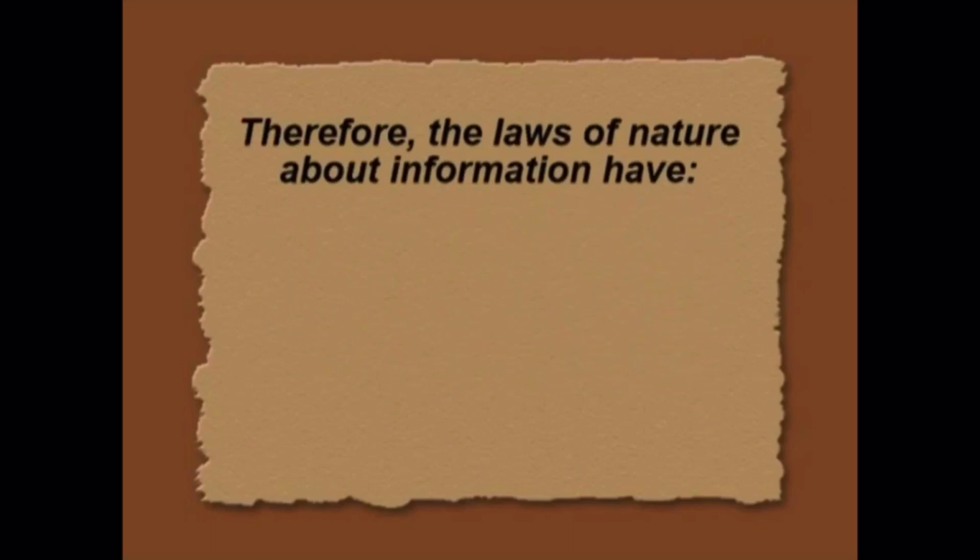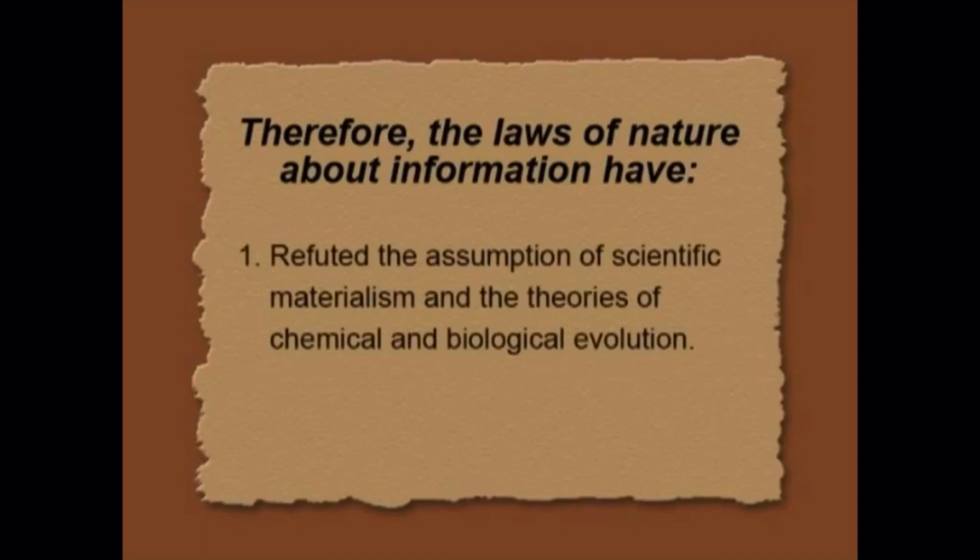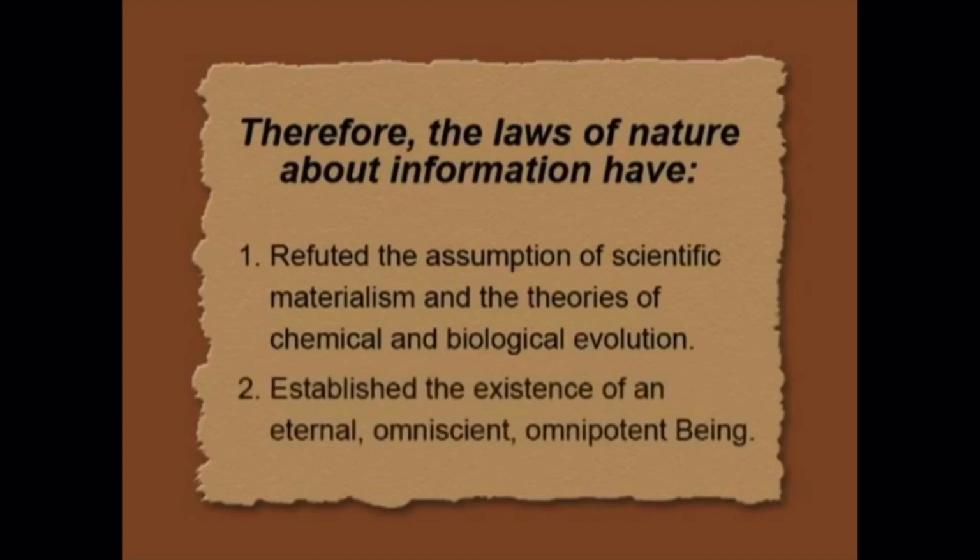Therefore, the laws of nature about information have refuted the assumption of scientific materialism and theories of chemical and biological evolution, and established the existence of an eternal, omniscient, omnipotent being.